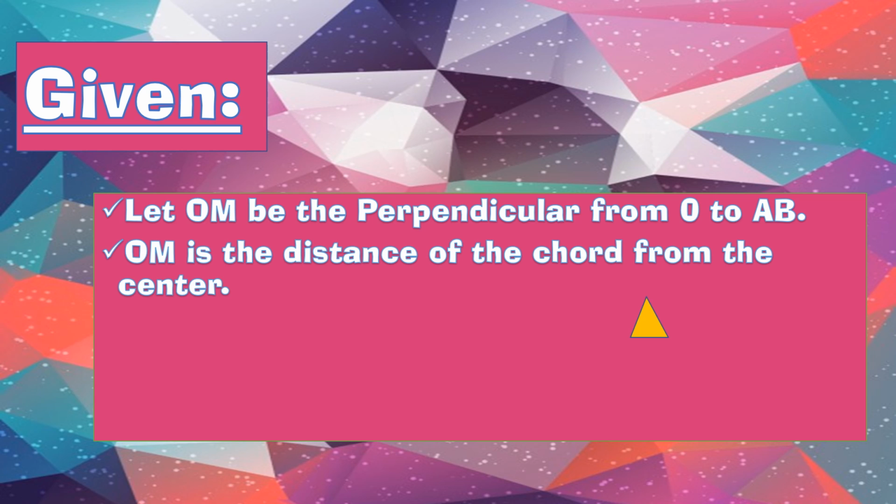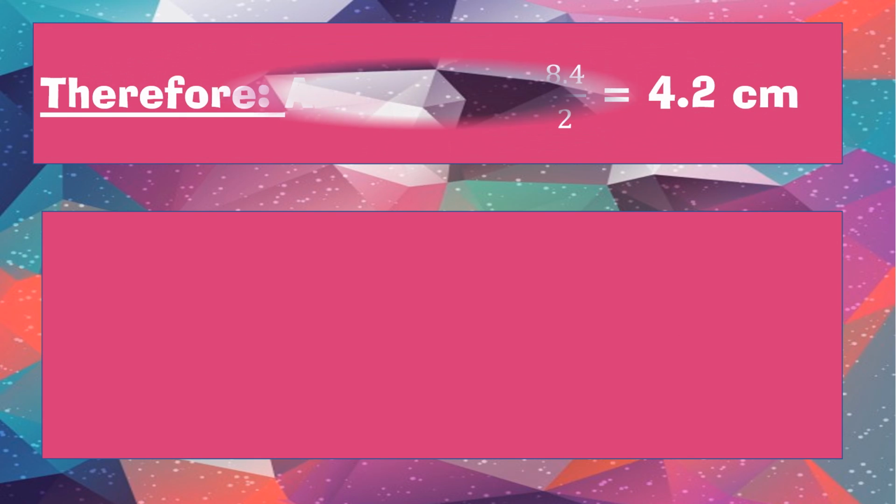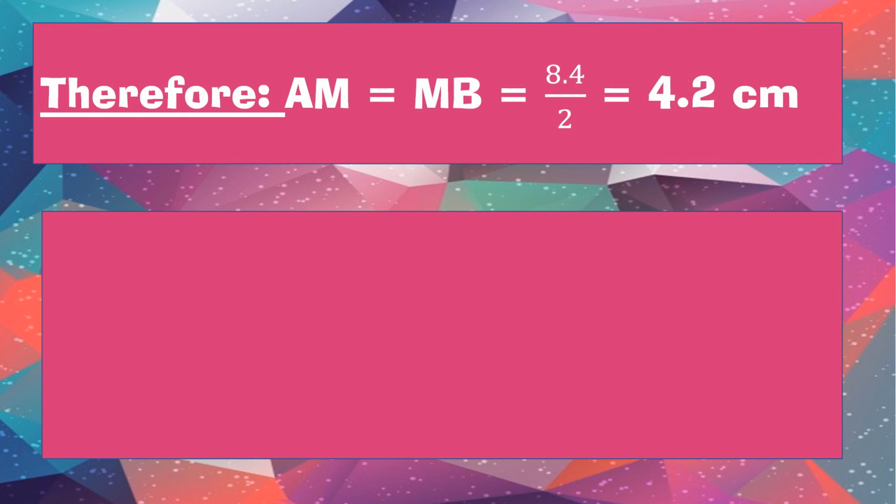Now, OM is the distance of the chord from the center. Thus, M is the midpoint of AB. So triangle OAB is an isosceles triangle. Therefore, AM is equal to MB is equal to 8.4 divided by 2 is equal to 4.2 centimeters.